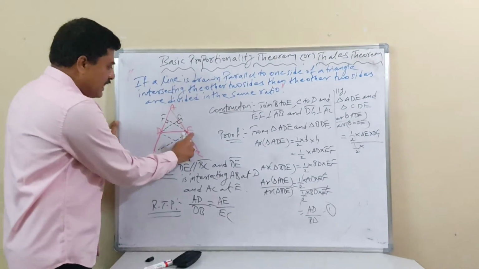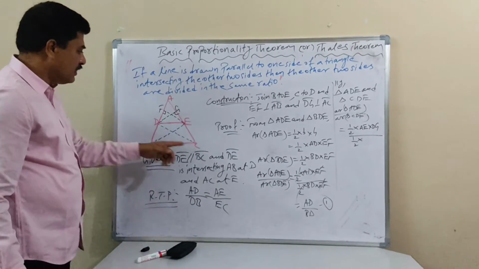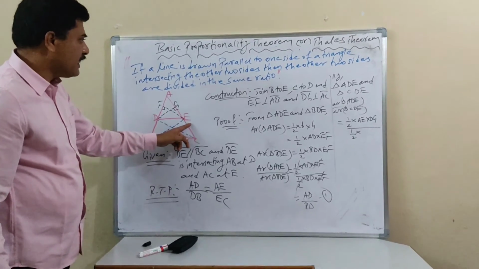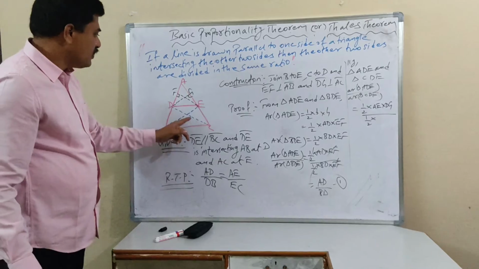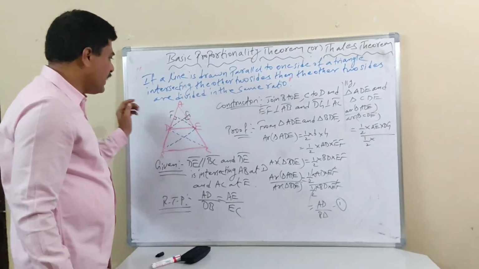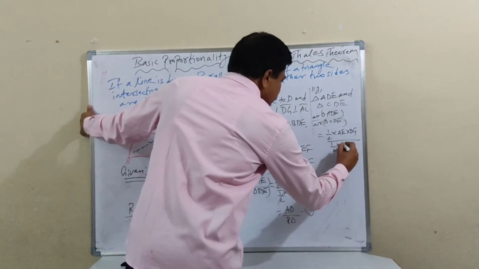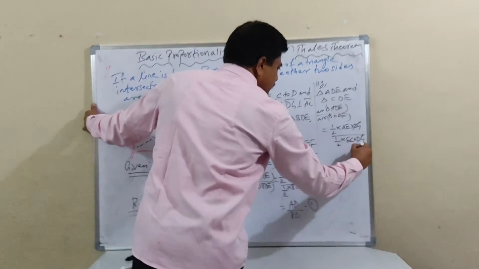For the triangle CDE, I am taking CD. This is the obtuse angle triangle, so the perpendicular becomes DG again. EC by DG. DG is cancelled.